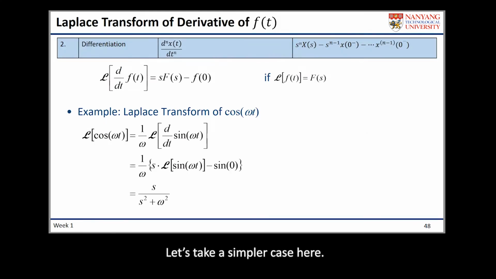Let's take a simpler case here. I want to find the Laplace of the first derivative of f, the first derivative of f(t). Looking at that property here, I show it again, the property of differentiation in the Laplace transform.